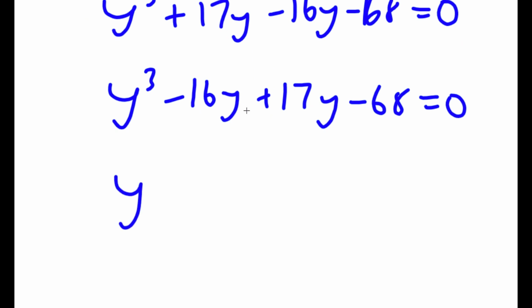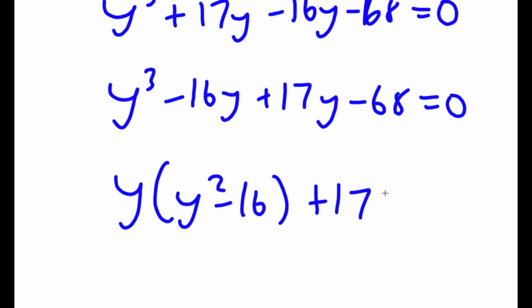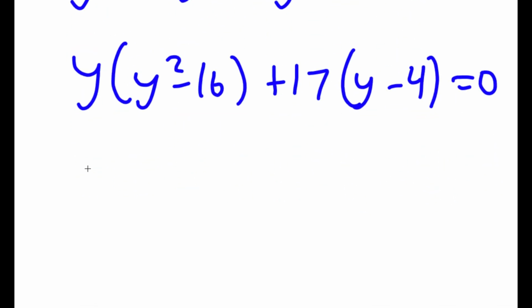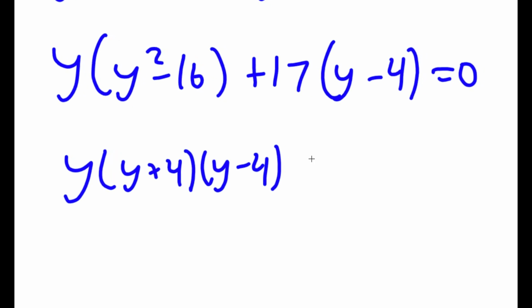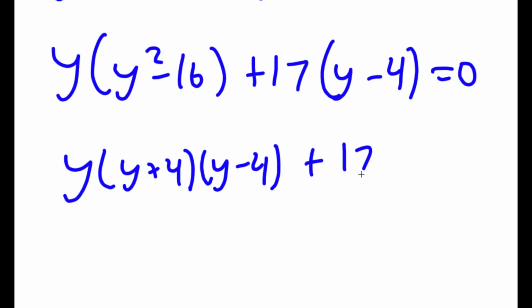And now from y to the power of 3 minus 16y, I'm going to factor out y. So I get y times y squared minus 16 plus, from 17y minus 68, I'm going to factor out 17. So I get 17 times y minus 4 is equal to 0. And it's the same thing as y times y plus 4 times y minus 4. That's equal to y squared minus 16 plus 17 times y minus 4 is equal to 0.